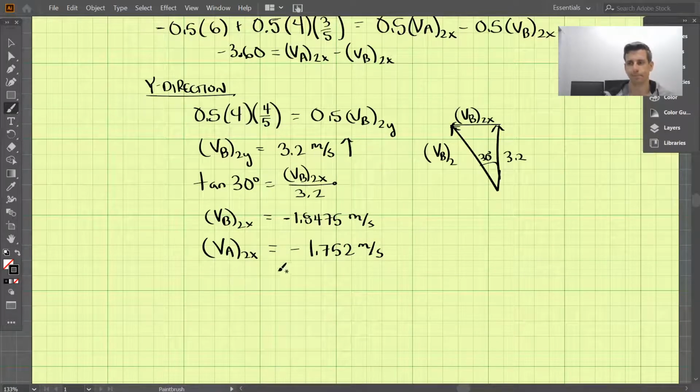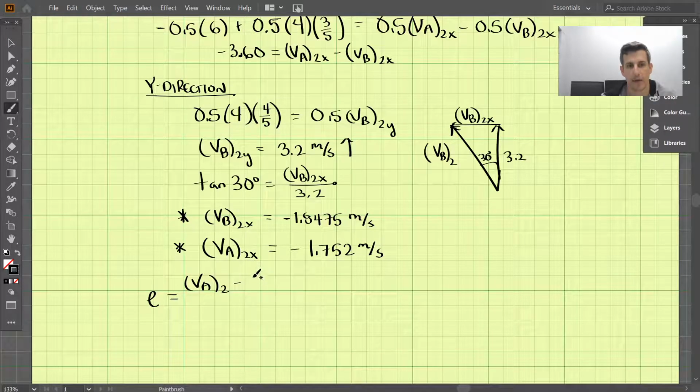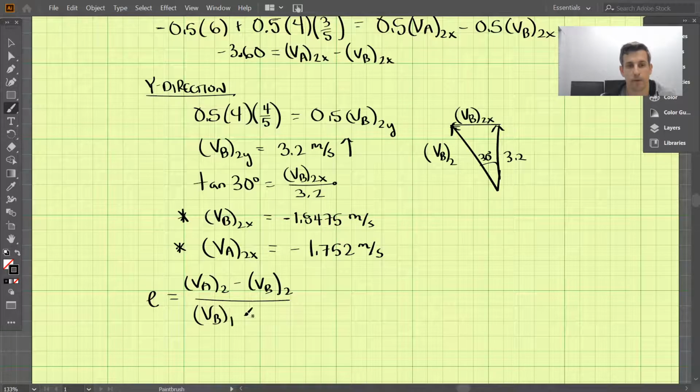Okay, so we have what we need here. To figure out the coefficient of restitution, remember, it's VA after the impact minus VB after the impact, over VB before the impact minus VA before the impact.